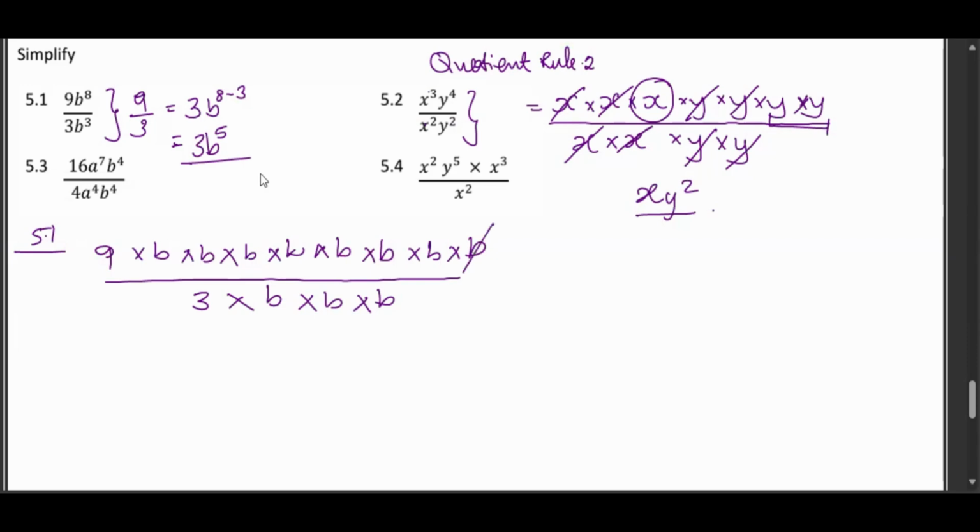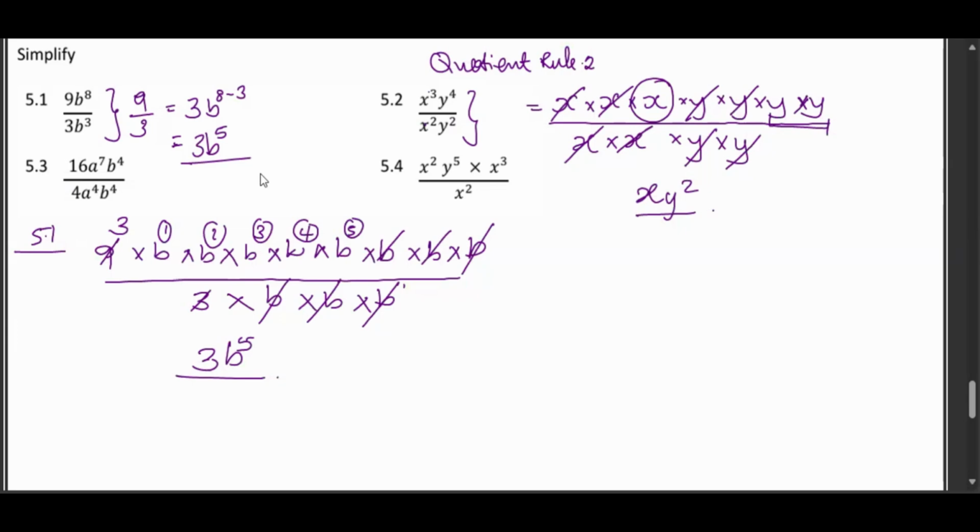So here, because they're the same, this goes with that. That goes with that. And this goes with this. How many b's are we remaining with? We have 1, 2, 3, 4, and 5. You see that? Then 9 divided by 3 remains 3. So we have 3b to the power 5. You see that? That's how we do it.